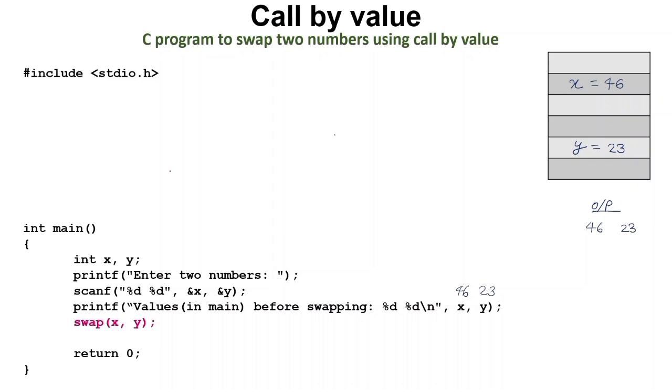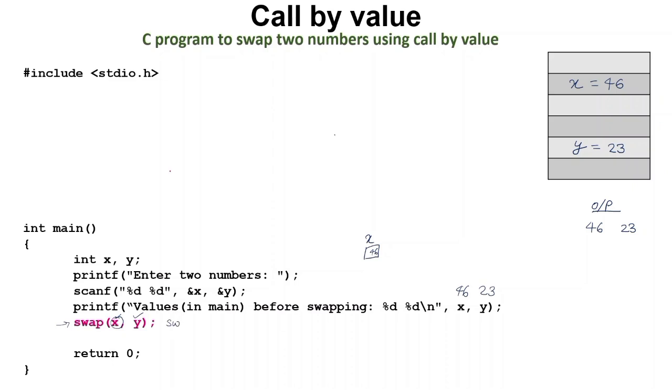Okay. Next we are calling the swap function. Here you can see we are calling the swap function and passing the values x and y. What does x mean here? x contains the value 46, so this 46 is given over here.